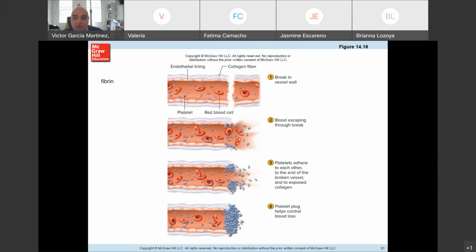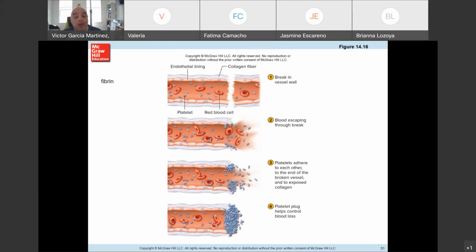This is effective for every single blood vessel, but when we have huge blood vessels such as the aorta or maybe a big vein, we really have trouble clotting, stopping the bleeding.